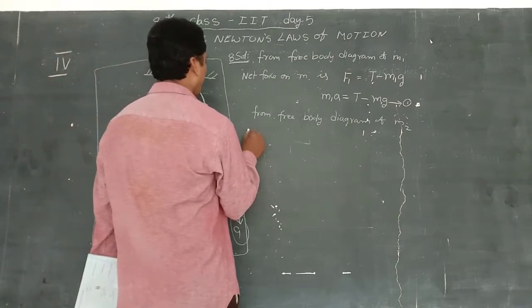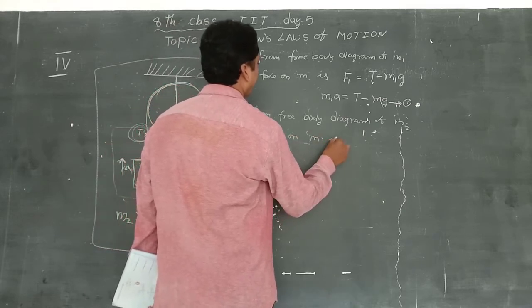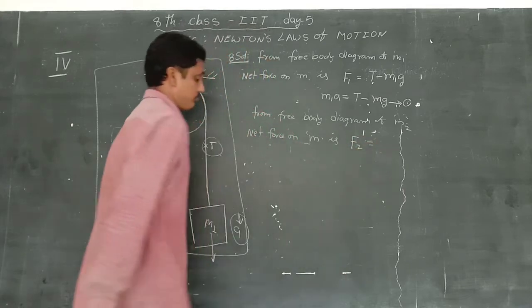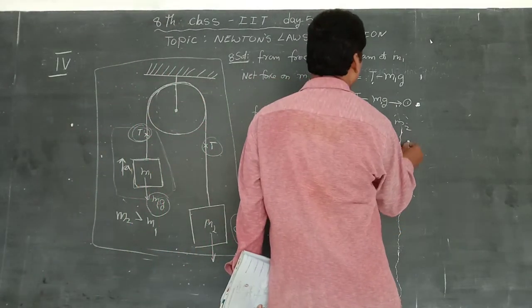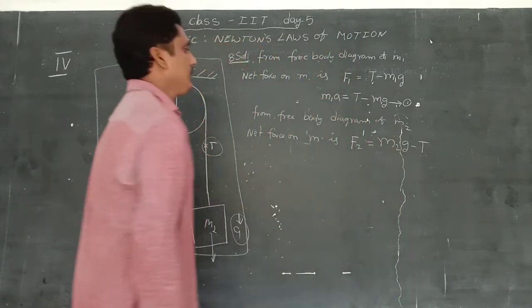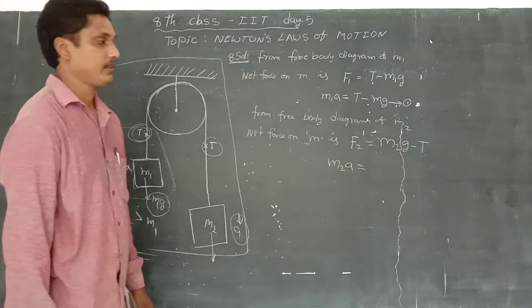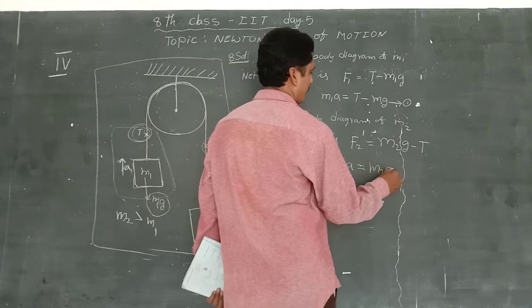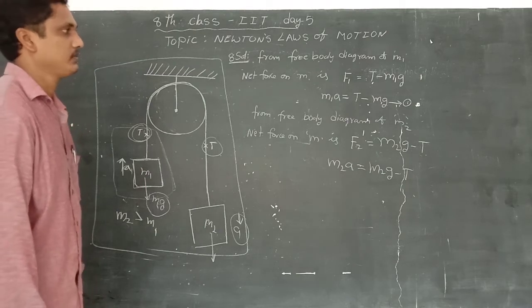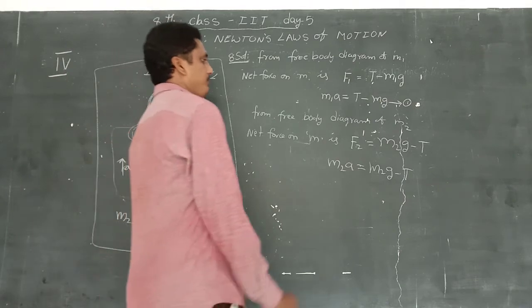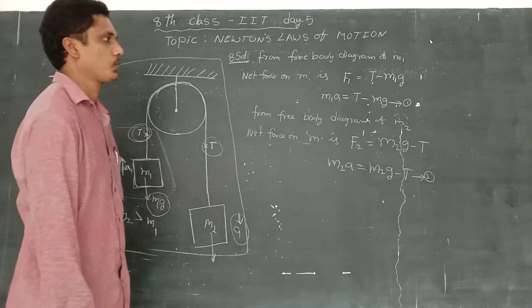So net force on M2 is M2 g minus T. F is equal to ma, so M2 a is equal to M2 g minus T. This is equation 2.